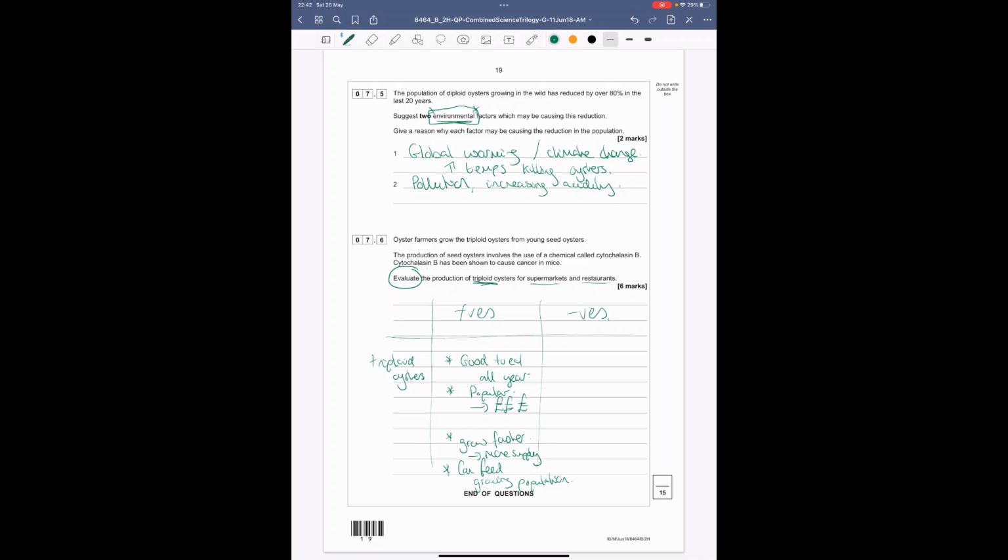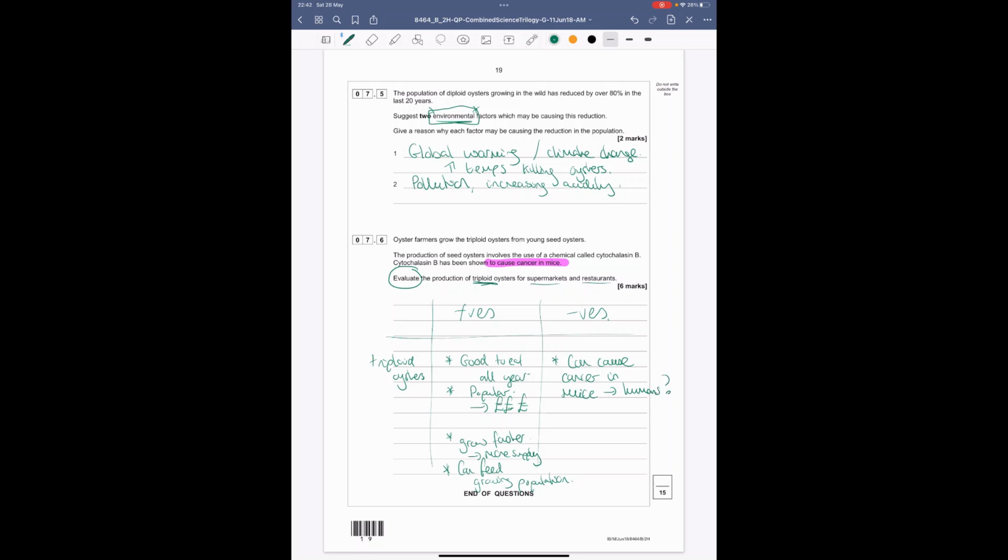So what are the negatives of these triploid oysters then? Well, the big one that they put straight into the question just above is that they can cause cancer in mice. Well, if they can cause cancer in mice, they might cause cancer in humans. Could it affect humans?